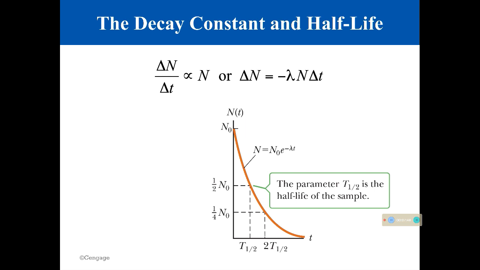So how many particles decay? Just rearranging this equation, I'm going to do a little bit of algebra and multiply the time over onto the other side. So the change in particles is going to equal the total number of particles times the time, as we always do in physics.